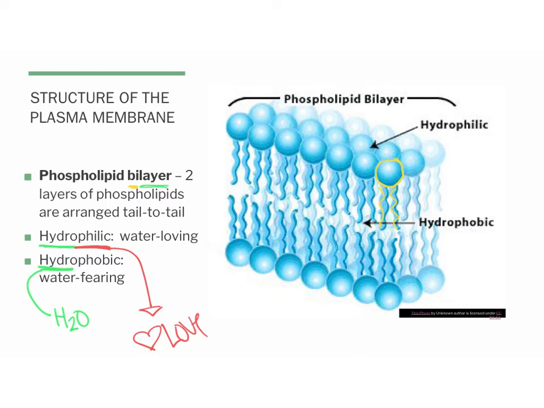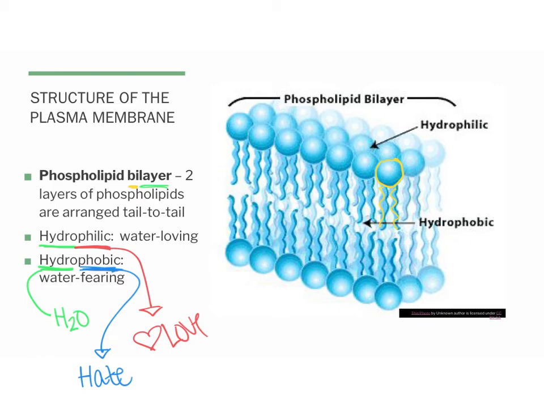The other word is hydrophobic. Hydro means water, but now phobic means fearing or hate. So I'm going to put hate. It hates water. If something is hydrophobic, it fears water, it hates water. So these fatty acid tails, these parts, they hate water. The main solution inside of a cell and outside the cell is going to be water. So these parts of the phospholipid hate water.